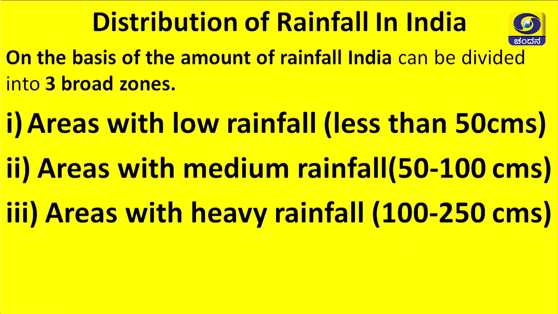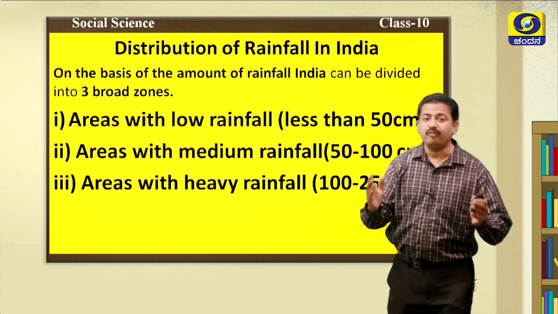They are areas with low rainfall, less than 50 centimeters, areas with medium rainfall, 50 to 100 centimeters, and areas with heavy rainfall, that is 100 to 250 centimeters. These are the 3 rainfall zones on the basis of the amount of rainfall we receive.